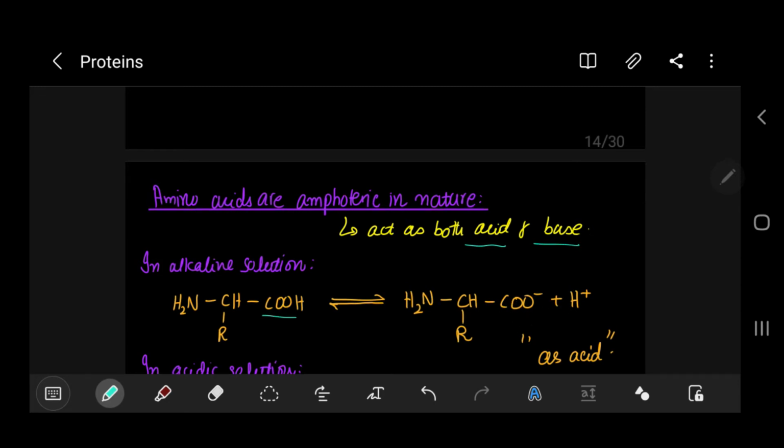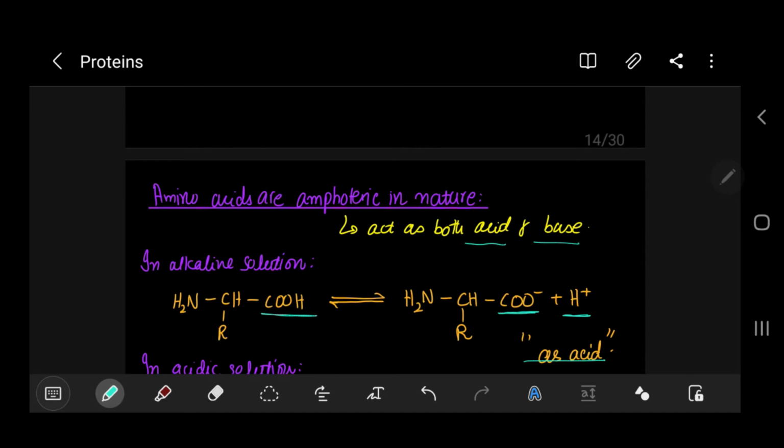The COOH donates a proton, or you can say it dissociates to form H+ ions, and that's a property of an acid. The result is the remaining COO- ion attached to the C. So it's acting as an acid in alkaline solution.